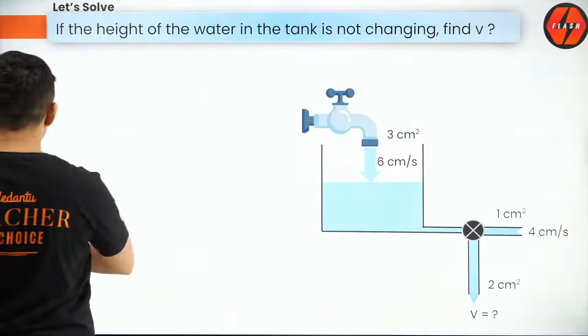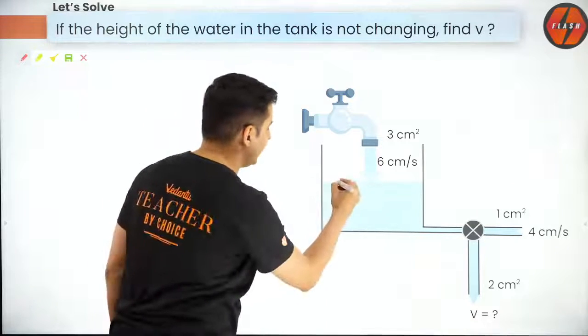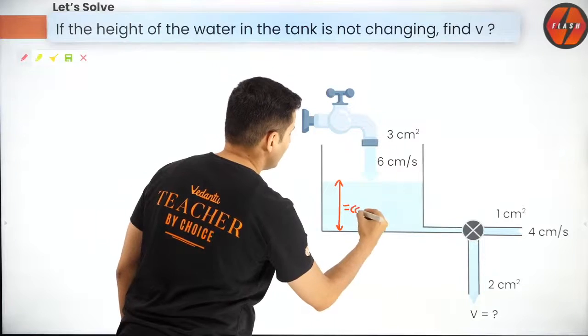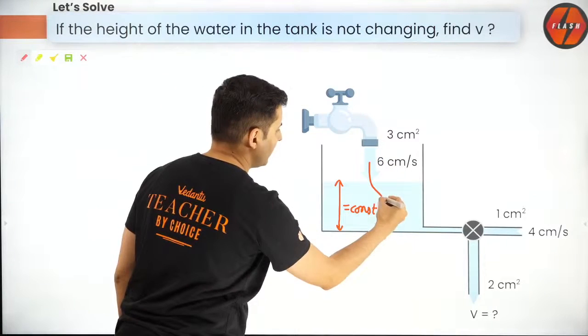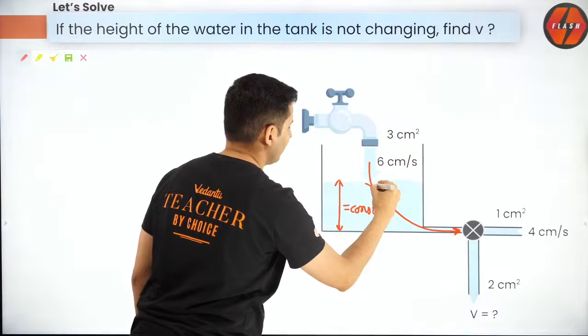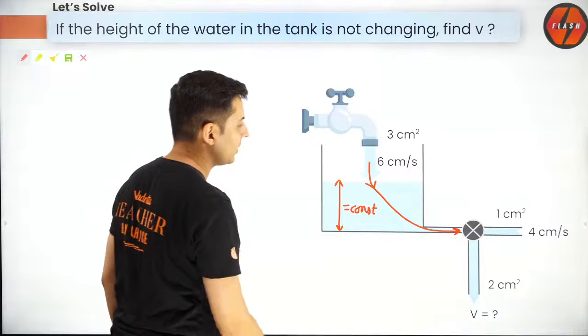So guys, here is the logic behind it. See, since this height is not changing, this is basically constant, can I say whatever liquid is coming in is directly going over here? As if whatever liquid is falling onto the tank is directly going out.